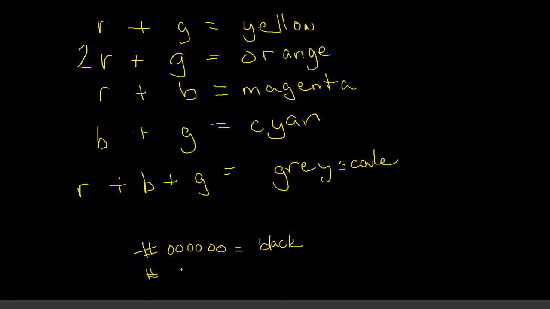And if we have FF, FF, FF, which is as high as we can get, that's 255 intensity red, 255 intensity green, 255 intensity blue. That's every light as intense as it possibly can be. That's going to be our white light.